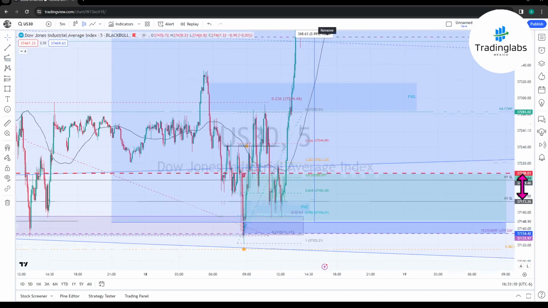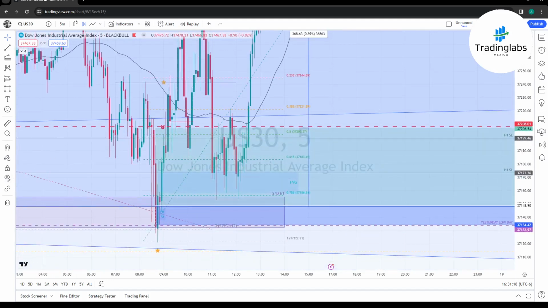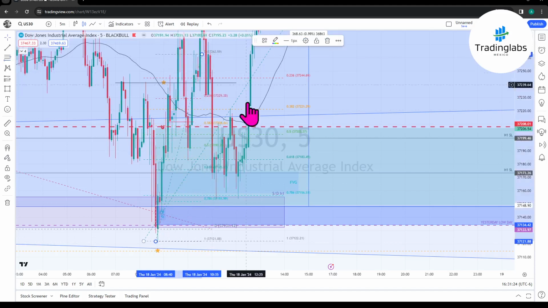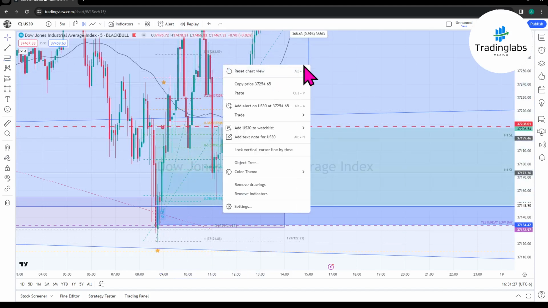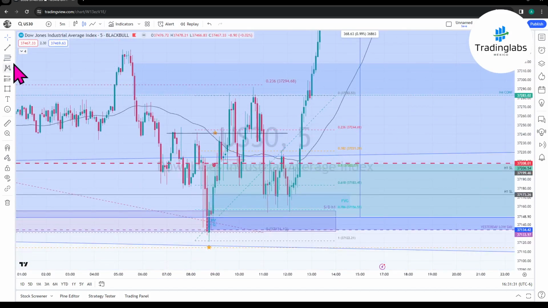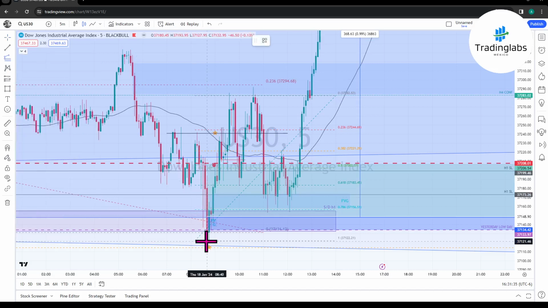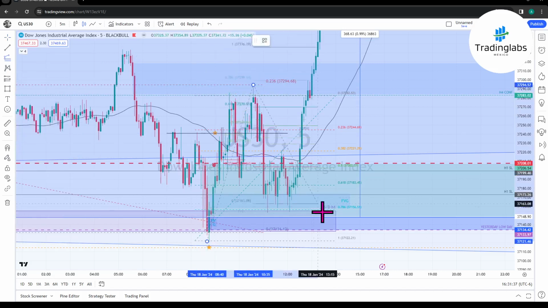The reaction in the Fibonacci retracement, the reaction of the 78.6 can give you a potential Fibonacci extension target. Look at the Fibonacci extension target.